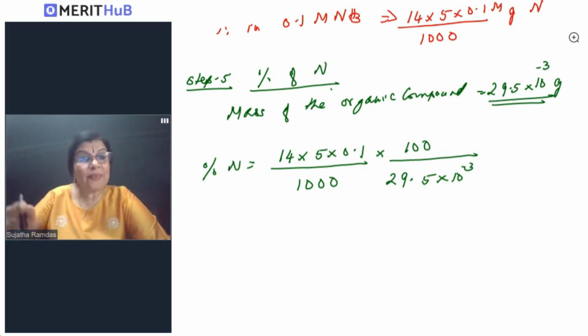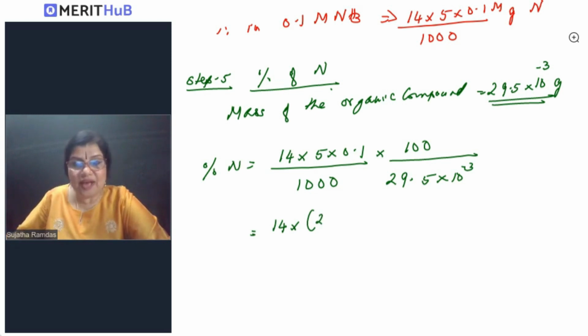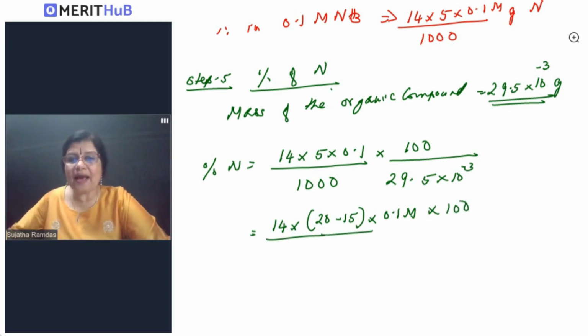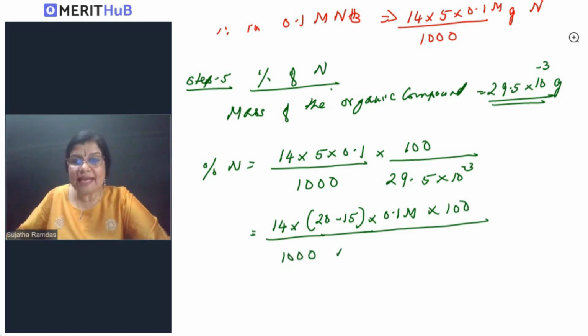All right, now let me lead you to the shortcut formula if hydrochloric acid is used. So what is the shortcut formula? I'm retaining 14 into what? How did you get 5? V2 minus V1, 20 minus 15. Let me write the values first and then I will write the formula. Into 0.1 molar into 100 divided by 1000 into 29.5 into 10 to the power of minus 3.